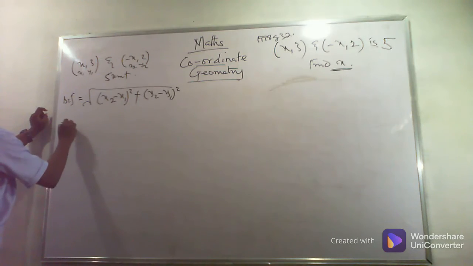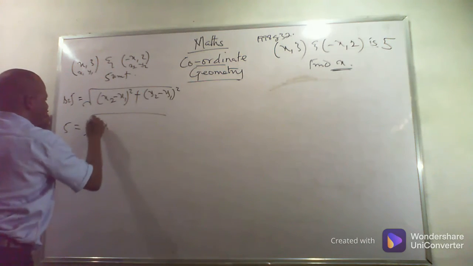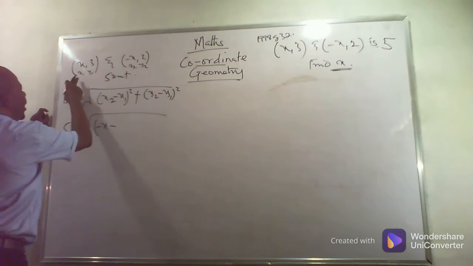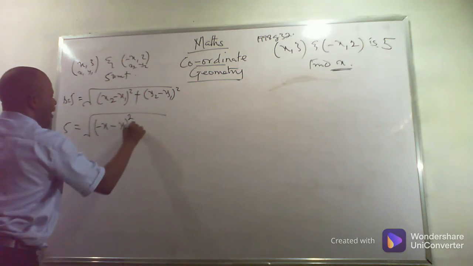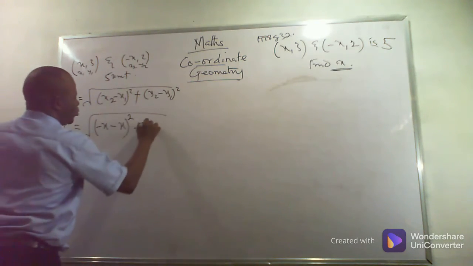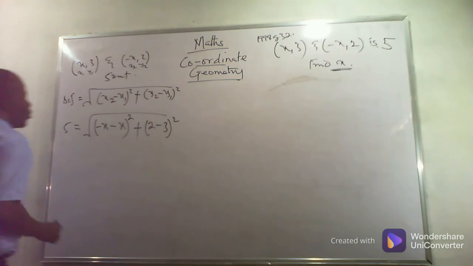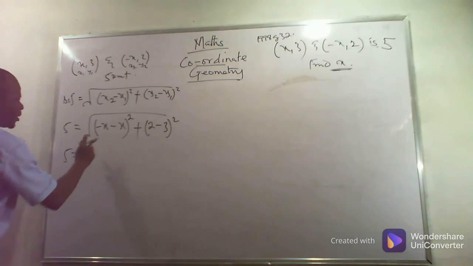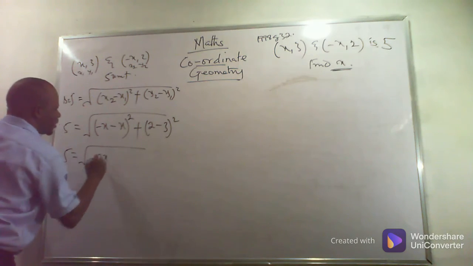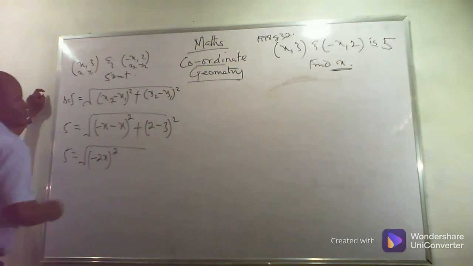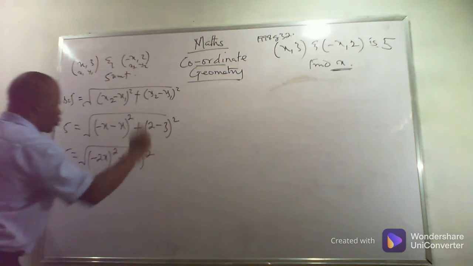So 5 equals square root of x2, minus x, minus x1, this is x, squared, plus y2, 2, minus y1, 3, everything squared. So you have 5 equals minus x, that gives me minus 2x, everything squared, plus 2 minus 3, that gives me minus 1 squared.